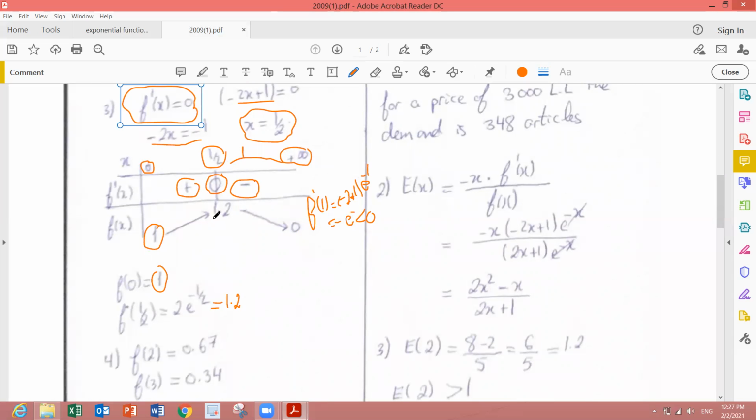I put 1.2 as the maximum. As x tends to plus infinity, y tends to 0, so we have a horizontal asymptote. So this is the table of variations: increasing from 1 at 0 to the maximum, then going near the horizontal asymptote.